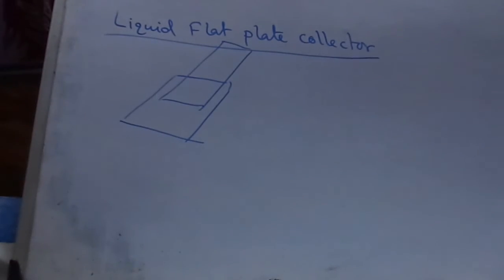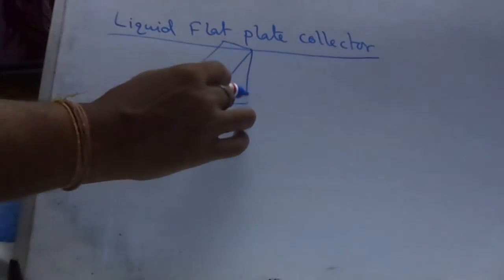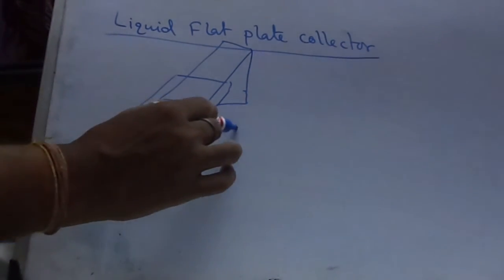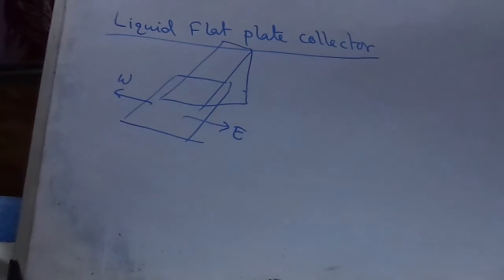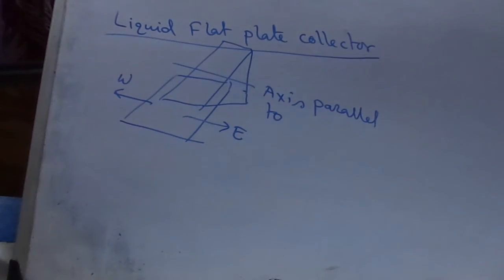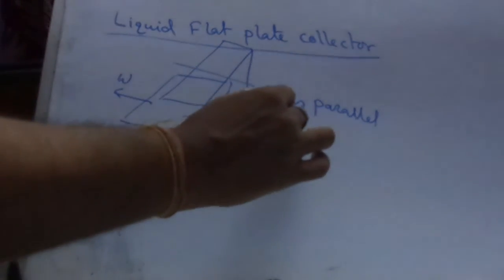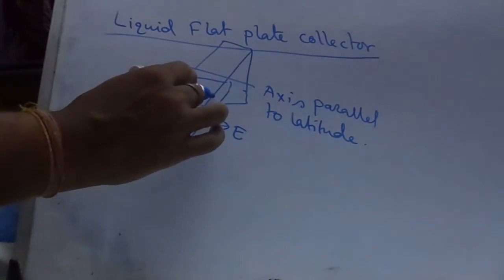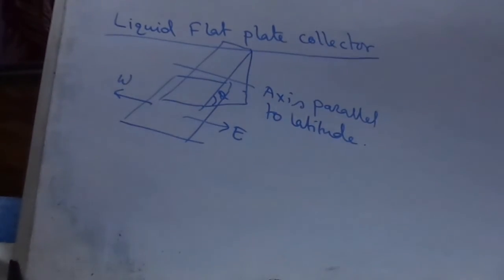This is the east-west direction, and this one is the axis of the flat plate collector, parallel to latitude. And this angle is theta.